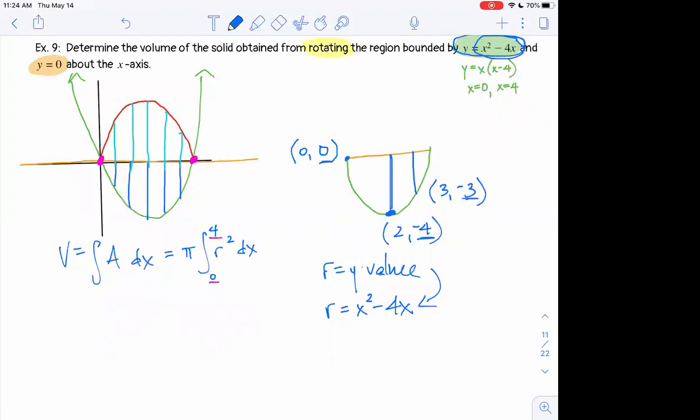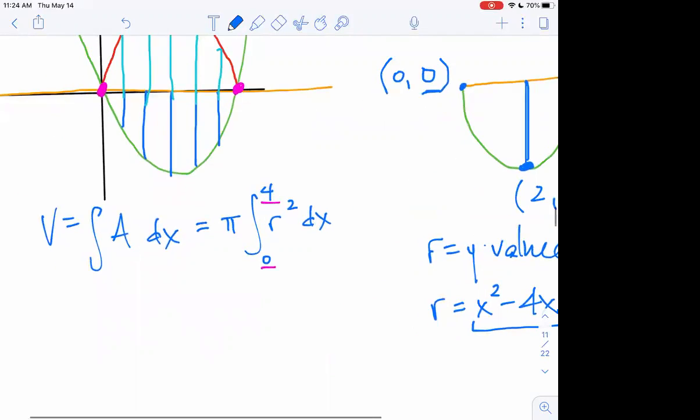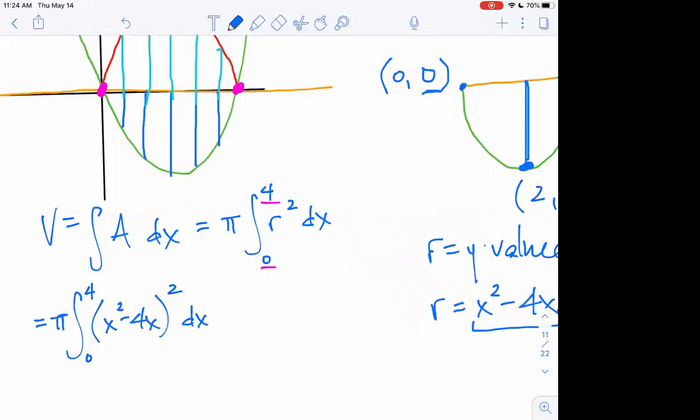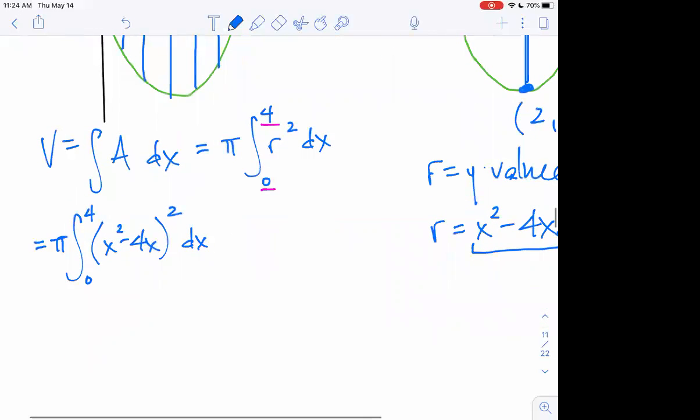And so what I'm going to do now is everywhere I see r in my equation, I'm going to replace it with x squared minus 4x. So pi, the integral from 0 to 4 of (x squared minus 4x) squared dx. All right, I'll give you folks a few minutes to FOIL this out and then plug in your bounds, and then let's see what we get.